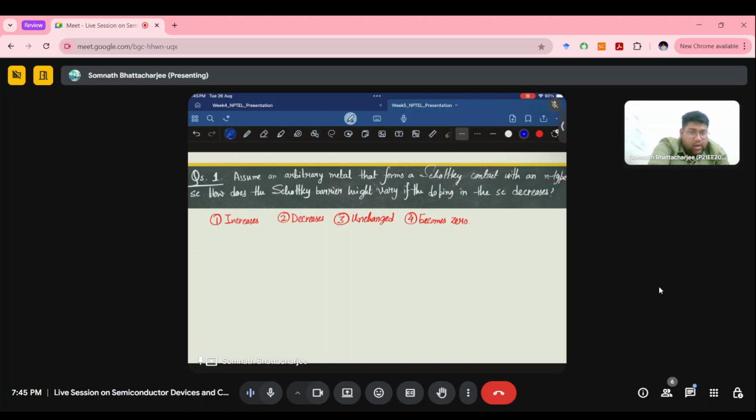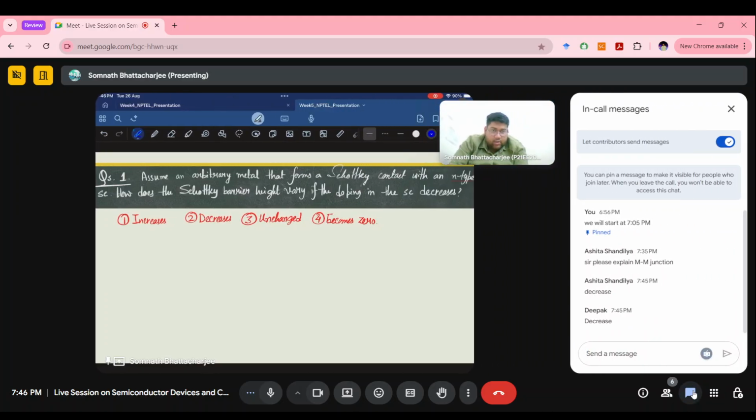So, can any one of you explain why you think that it decreases? Based on the change in doping concentration, if we are increasing the doping concentration the barrier height will increase, and if we are decreasing the doping concentration, the barrier height will decrease. So, why is it?